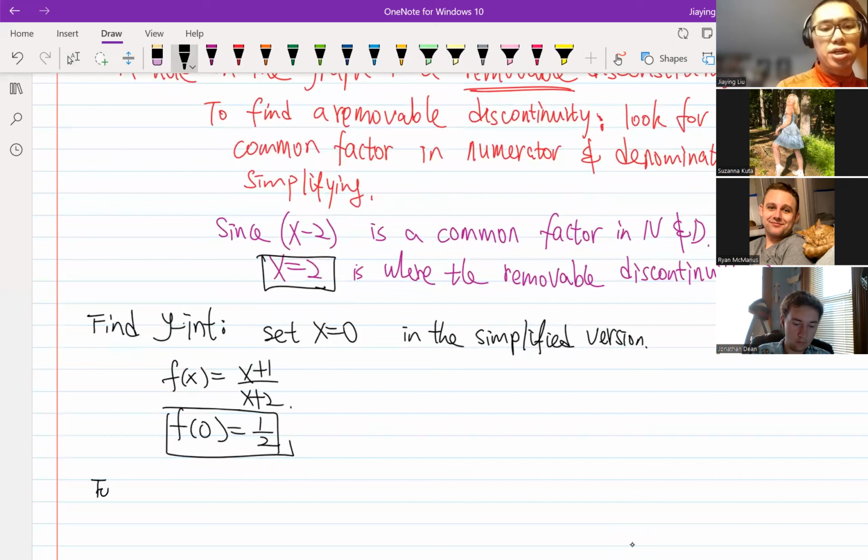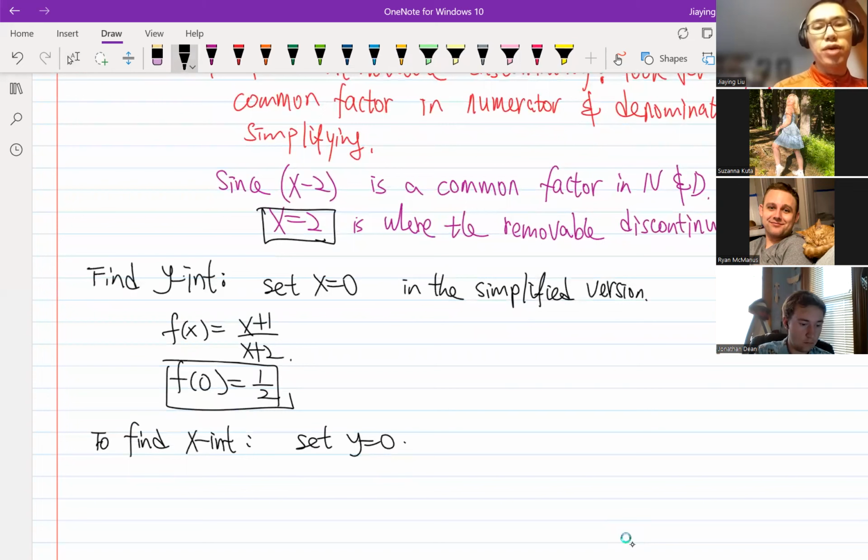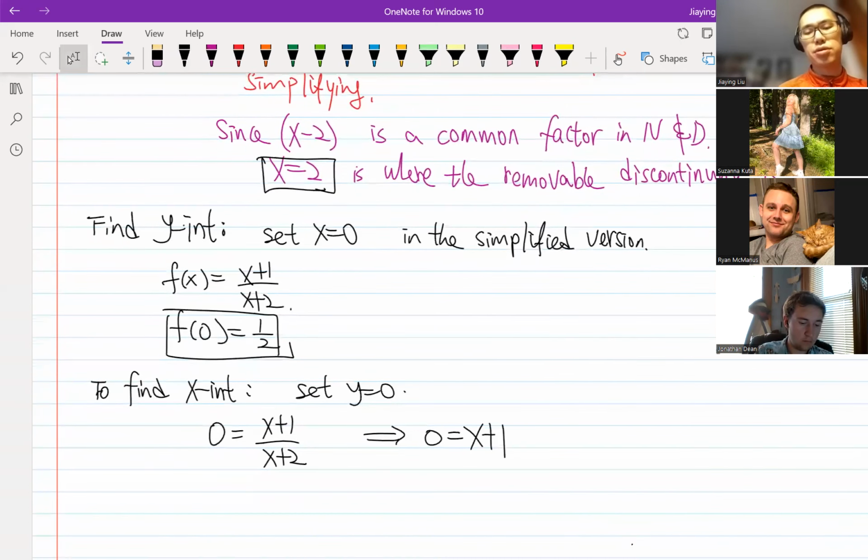And to find the x-intercept, just like before, we're going to set y equals 0. So if I set y equals 0, I get 0 equals x plus 1 divided by x plus 2. And I'm going to multiply by x plus 2 on both sides. So I get 0 times x plus 2, that's nothing. So I still have 0 equals x plus 1. The denominator just got dropped because it's multiplied by 0.